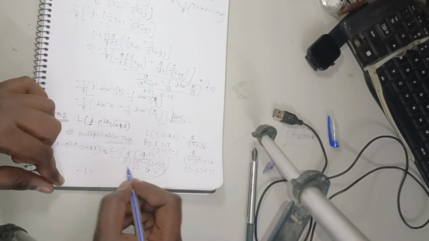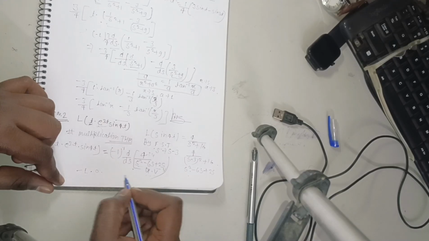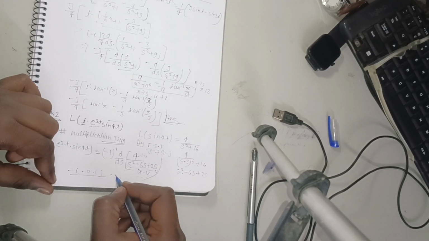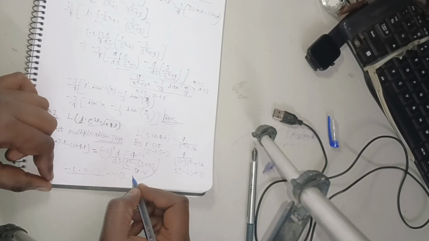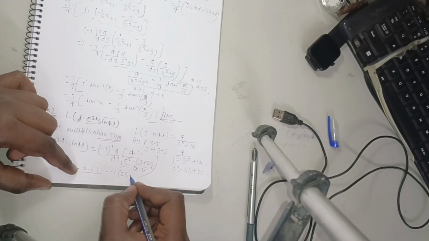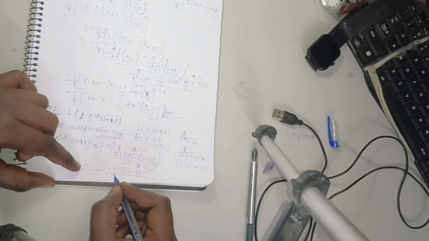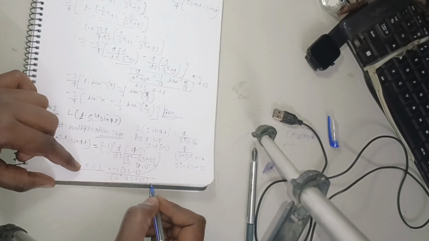First u differentiation, this will be 0, anything to the power doesn't matter, into minus 1, s square differentiation will be 2s, minus 6s differentiation will be 6, 25 will be 0, upon (s square minus 6s plus 25) the square.